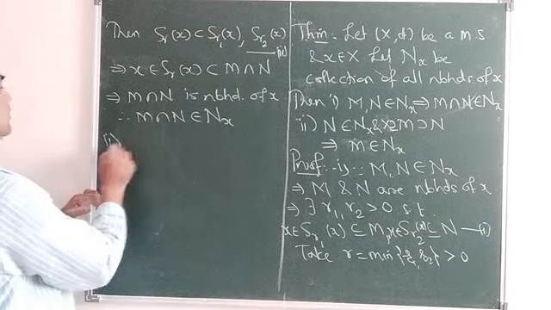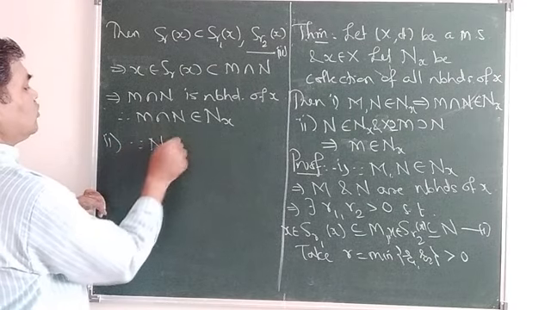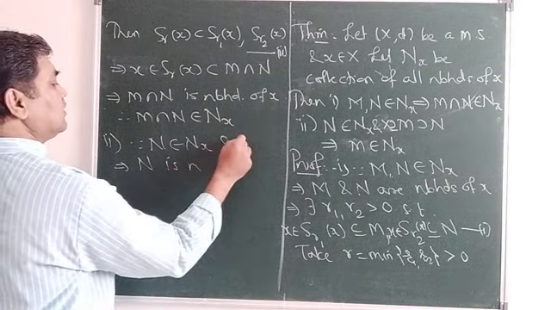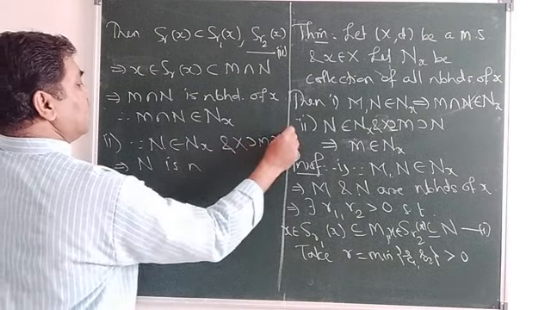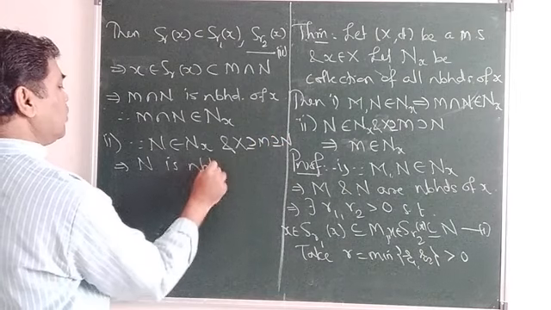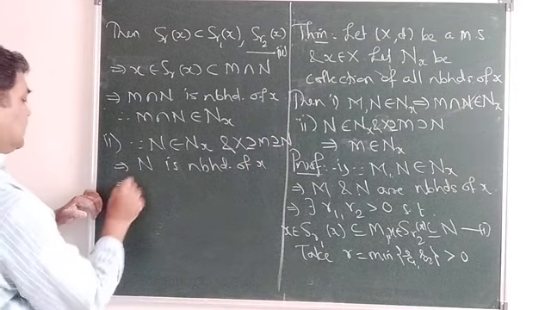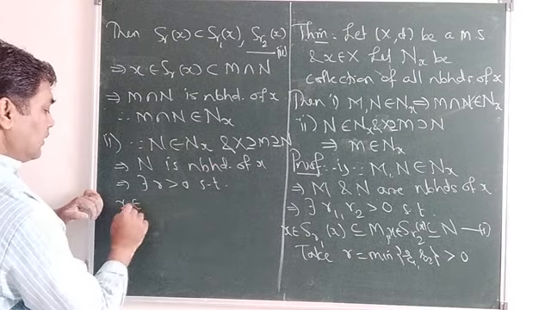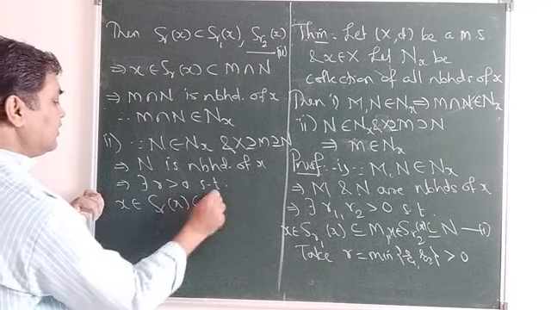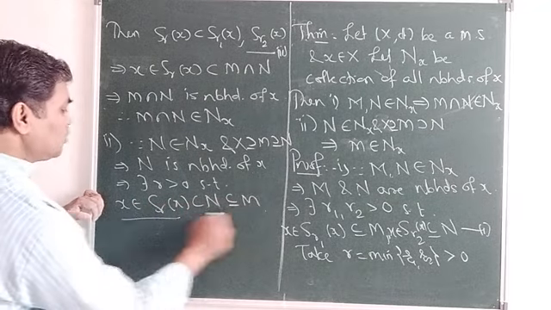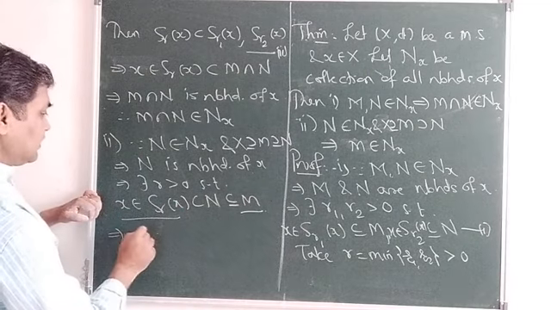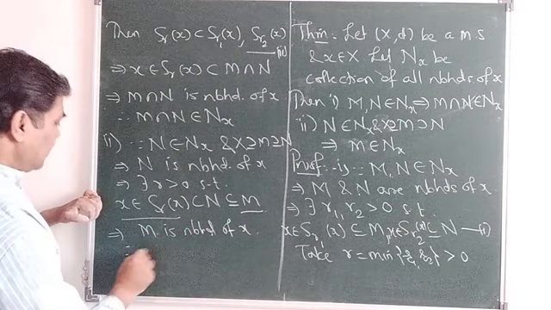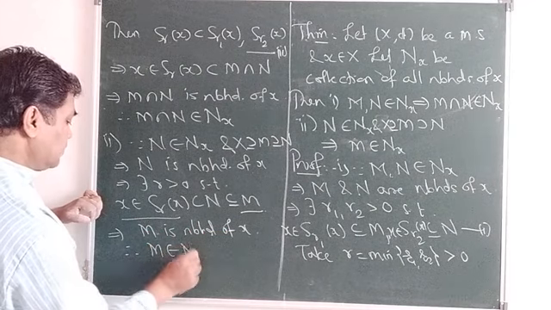Okay, second. Since N belongs to N_x, N is a neighborhood of x and M is a superset of N. This implies there exists some R greater than 0 such that x belongs to S_R(x), contained in N, contained in M. This implies M is a neighborhood of x, and therefore M belongs to N_x.